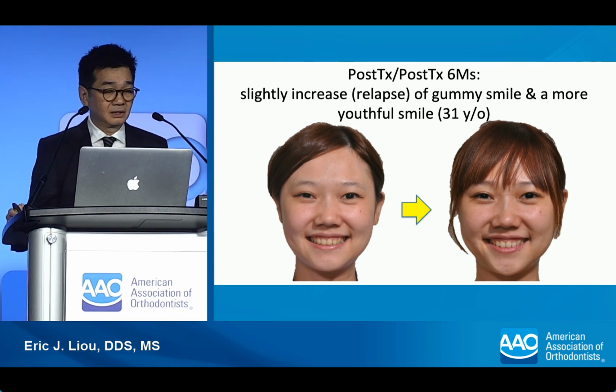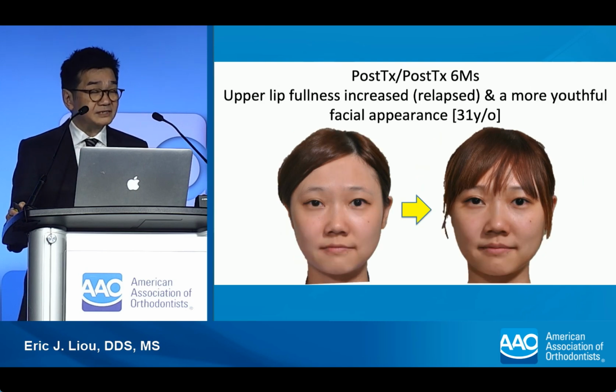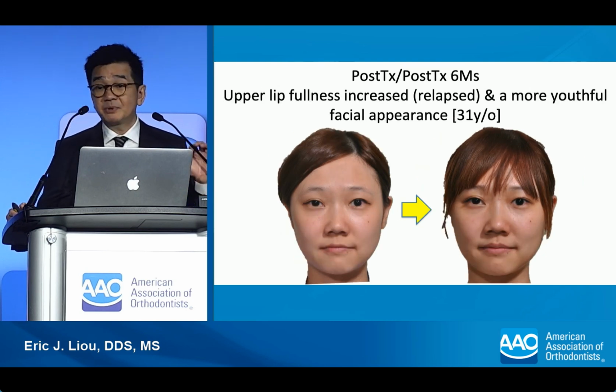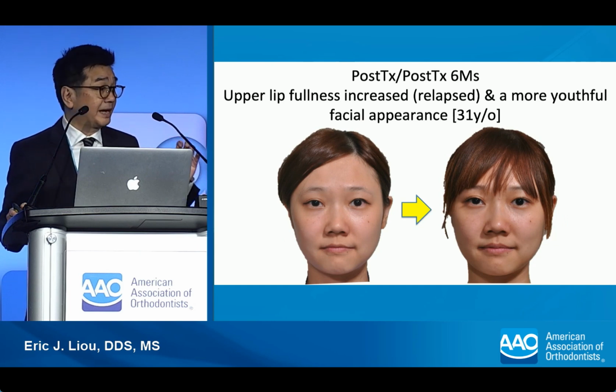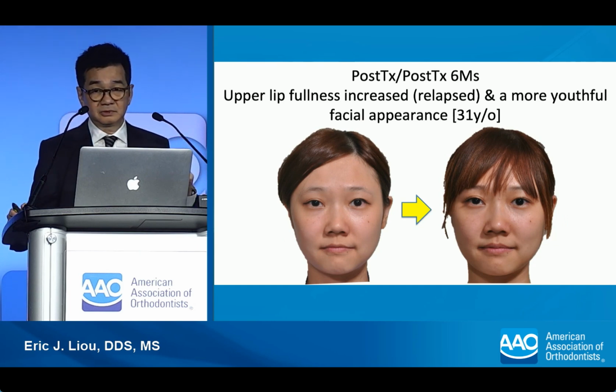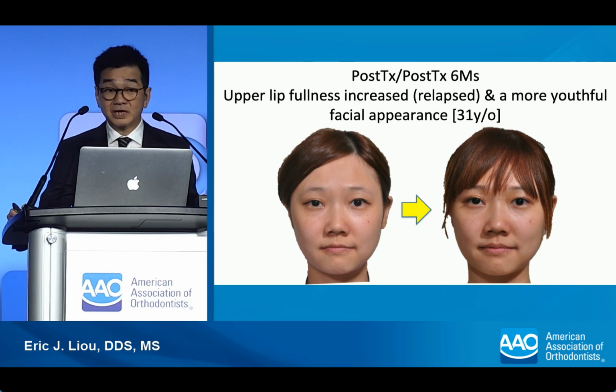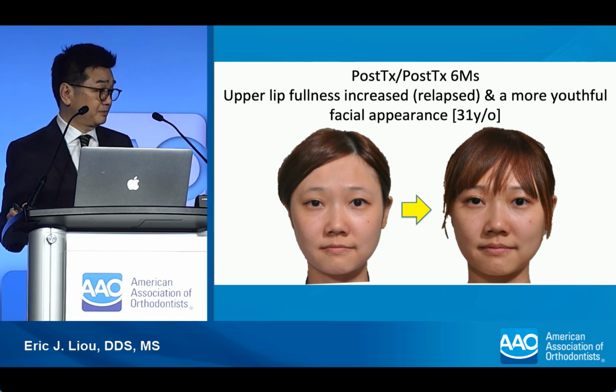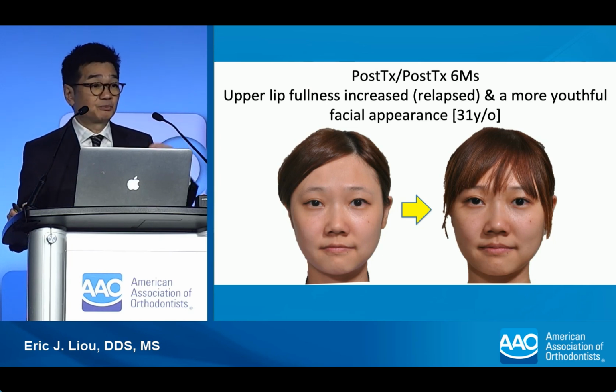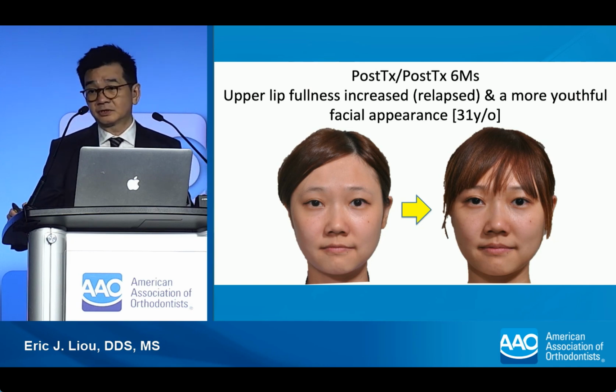And when she is not smiling, you can see the upper lip thickness actually came back and improved after that relapse. So that relapse really helped bring the youth back to the patient.